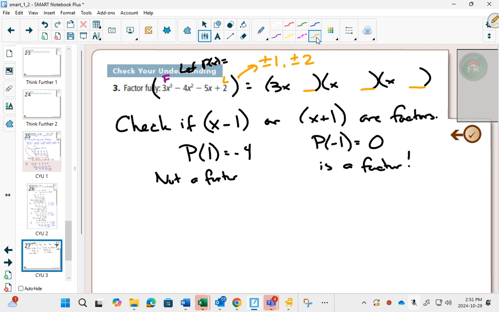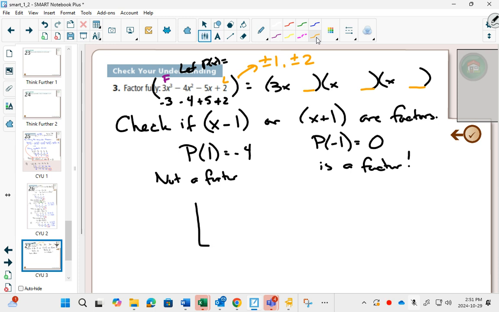So if you plugged in negative 1 for x, then this would be negative 3. Negative 1 squared would be positive times the negative 4. This would be negative 4. Yeah, I see that. And this will be plus 5. I see. And this will still be plus 2.